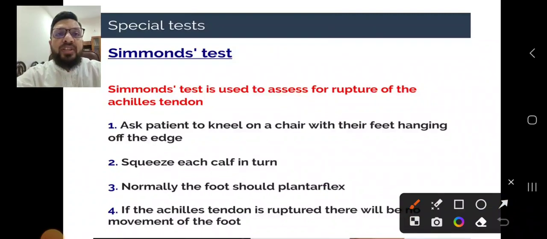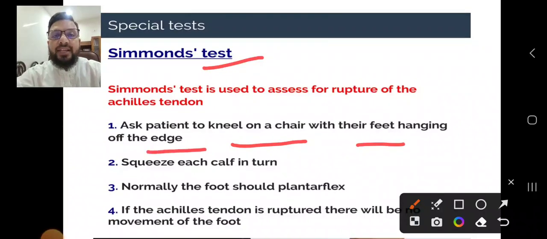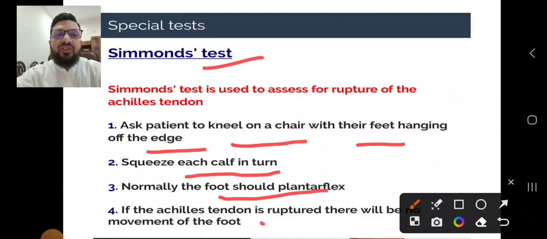So you will perform this Simon test, and you will ask the patient to kneel on the chair with their feet hanging off the edge. Number 1. Number 2, squeeze each calf, and then normally the foot should obviously go into plantar flexion, and if there is a rupture, there will be no movement.